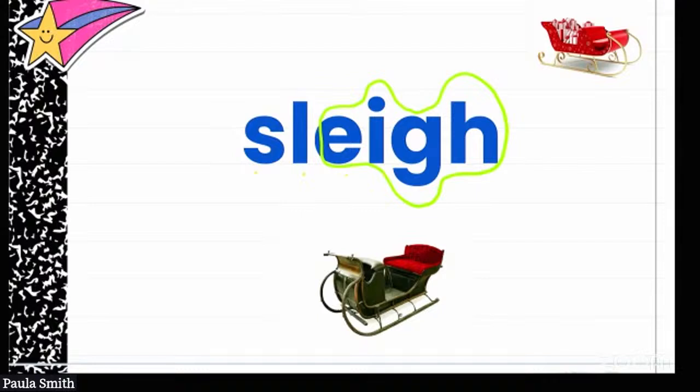It's a nice shortcut, isn't it? I love it. All right, find your EIGH column on your paper and say each sound as you go. Remember to take a big deep breath before you do your EIGH. You need to hold that sound the whole time. S, l, A, sleigh.